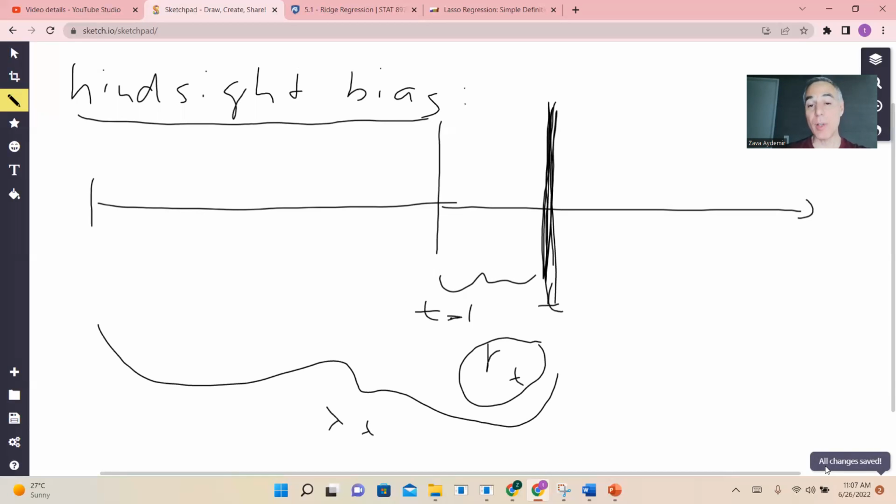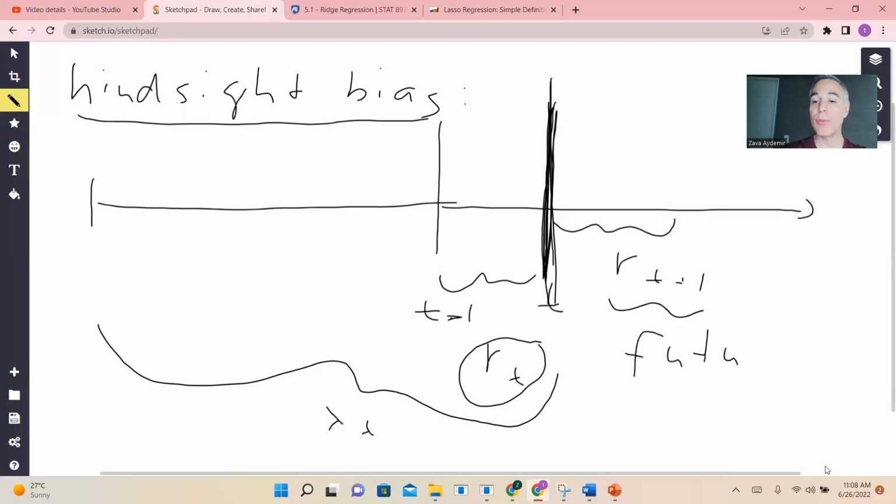If you are real life trading these models, you should always make sure that at least historically you are avoiding this hindsight bias, that you use data up until, let's call this the present time, to then predict future returns. These are future returns from the point of view of all the data that you have available as of today. And you have to do that in your models as you do it, obviously, when you're trading.